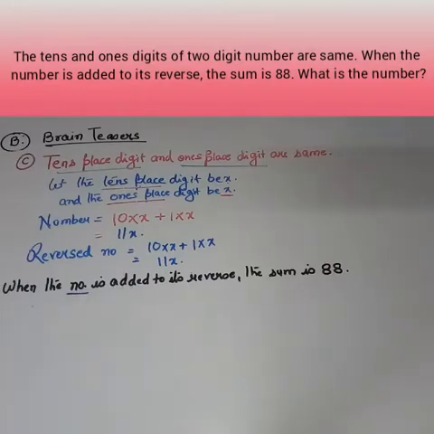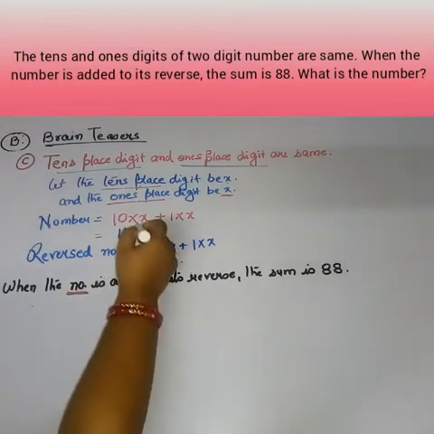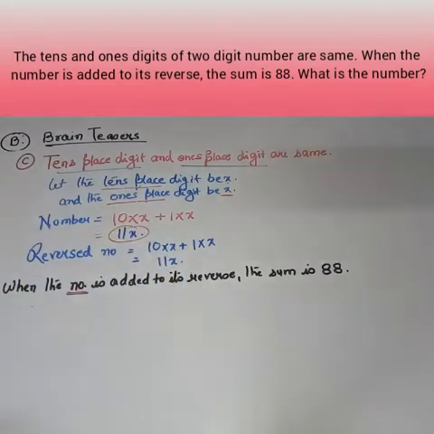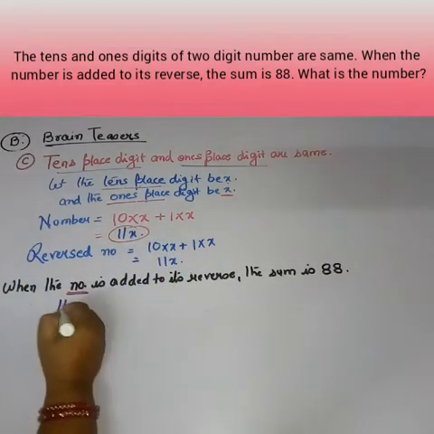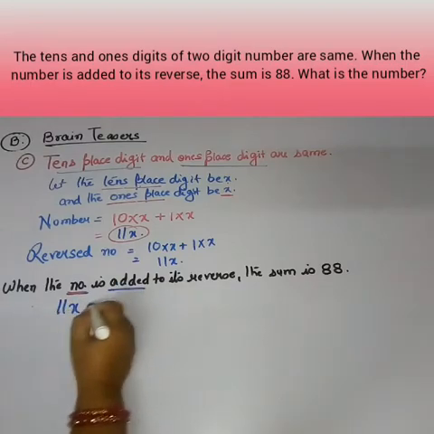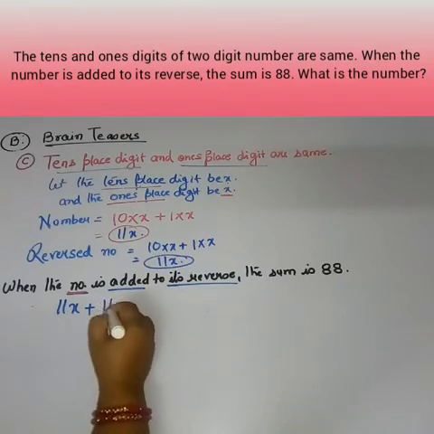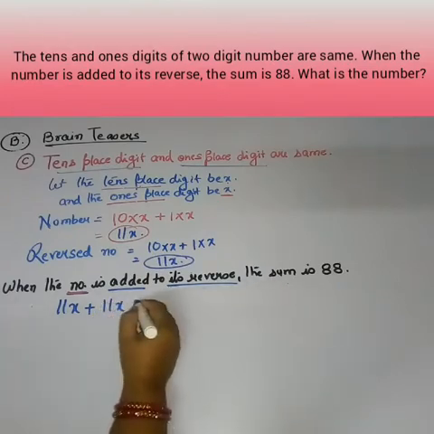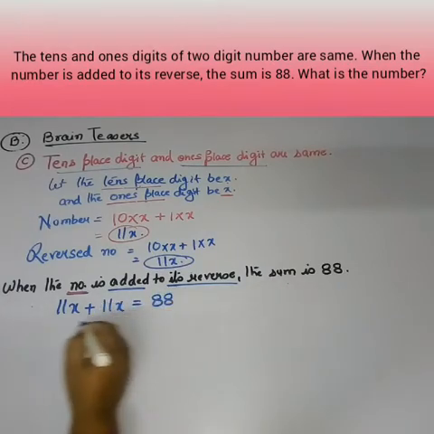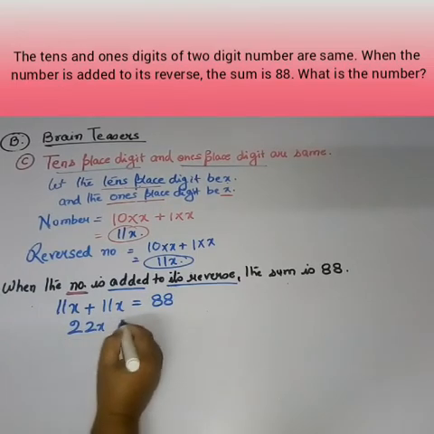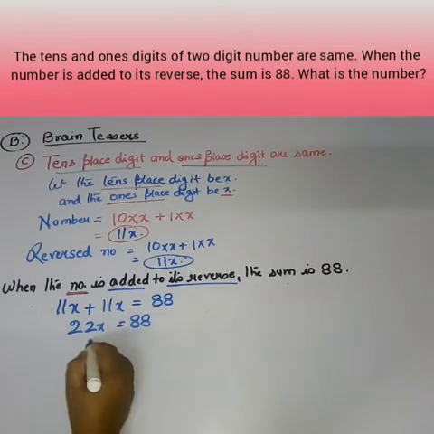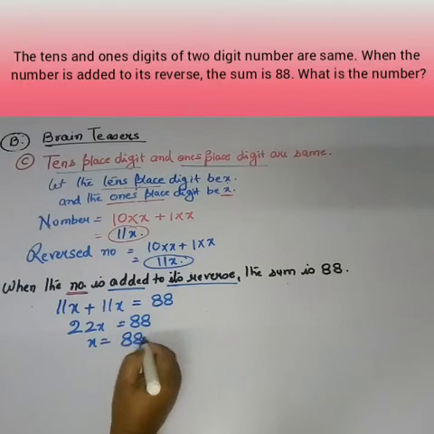The number is this number, added means plus to its reverse is this one. The sum is 88. So let's solve this one. This is 22x equals 88, that means x equals 88 by 22, that is 4.